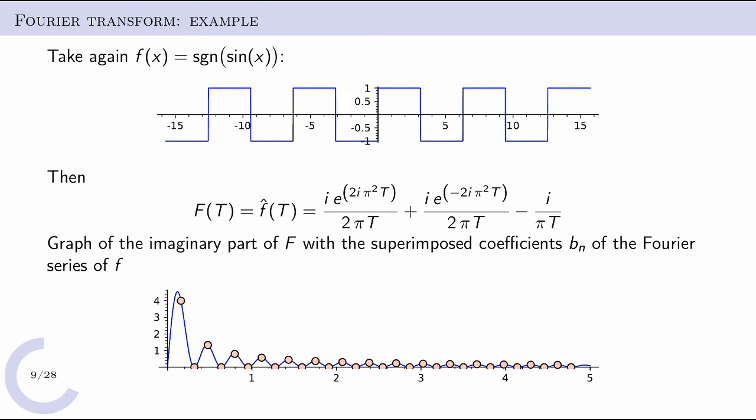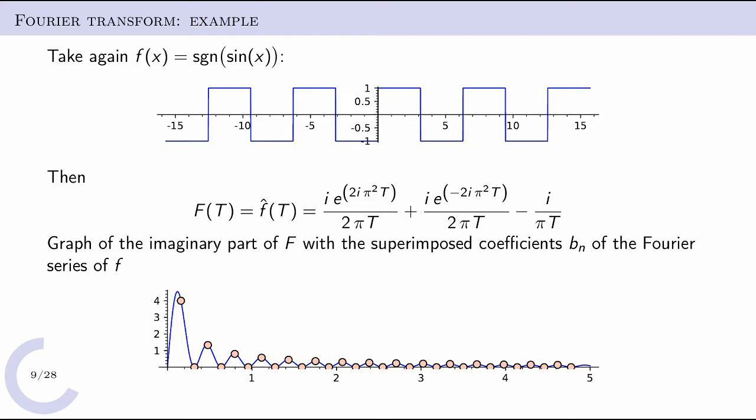I just scaled the two graphs so they fit together, and these are the coefficients Bn, the coefficients which correspond to sines, because only sines appear there. As you can see, they exactly fit on the graph of the Fourier transform. That's why I said the Fourier transform is a continuous counterpart of the Fourier series.